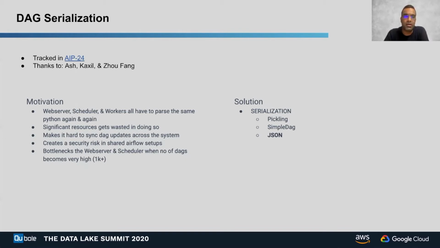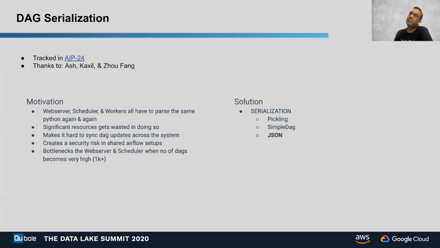Another point is that it makes it very hard to sync the DAG across the system. Let's say I am updating a DAG, I have two tasks and I add a third task, and I have to use some kind of way to sync all three machines at the same time.